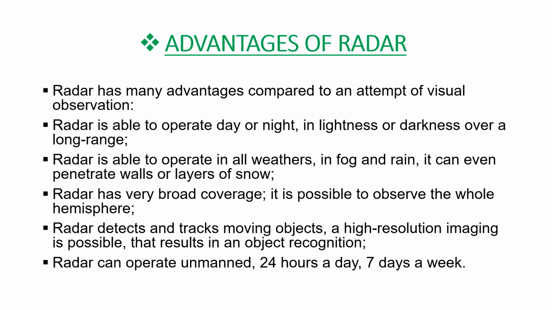It is possible to observe the whole hemisphere. Radar detects and tracks objects that are moving. High resolution imaging is possible that results in object recognition. Radar operates unmanned 24 hours a day and 7 days a week.